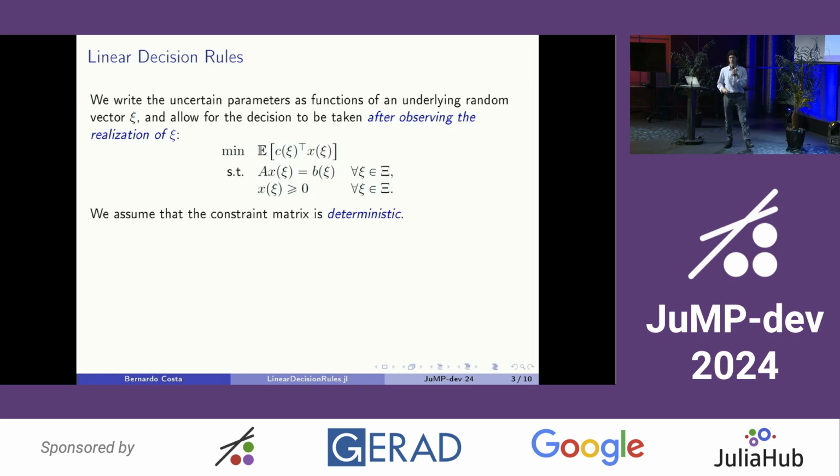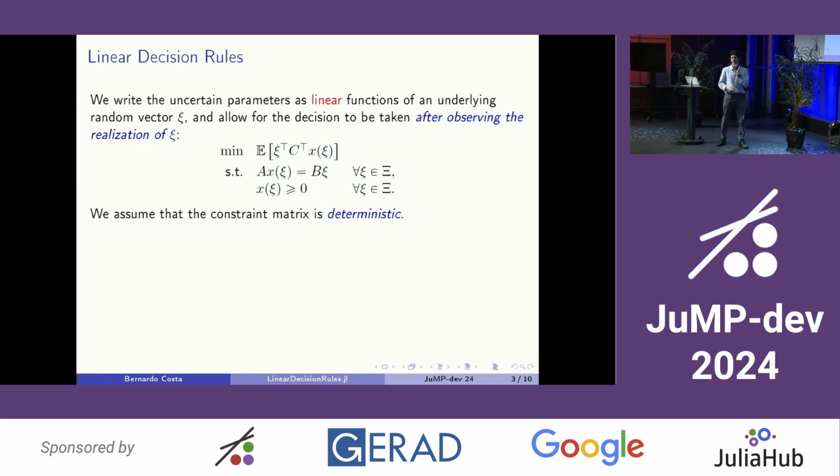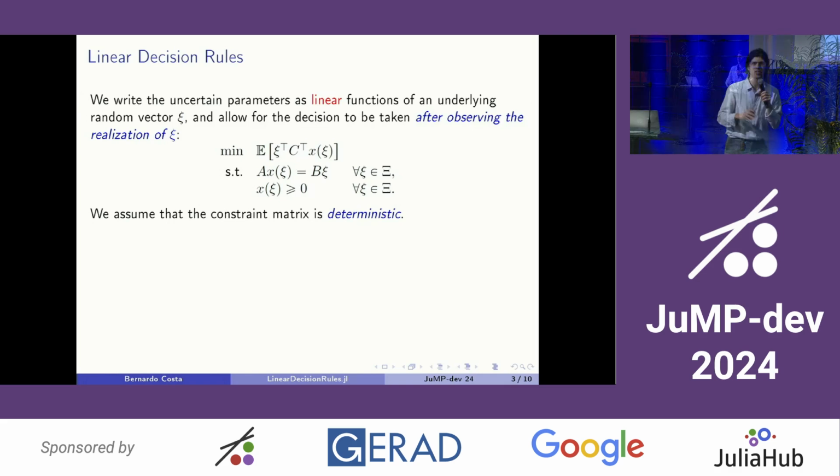Now, for simplicity, we're going to assume that the constraint matrix is deterministic, just to make our lives easier, but actually our modeling life easier as well. And we also suppose that the parameters are going to be linear functions of xi. This is not such a huge hypothesis, just kind of a reparameterization of what your uncertainties are.